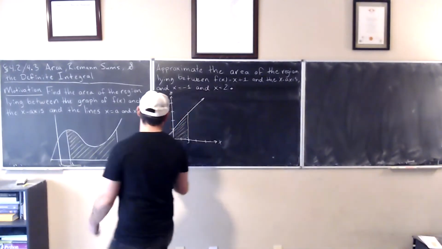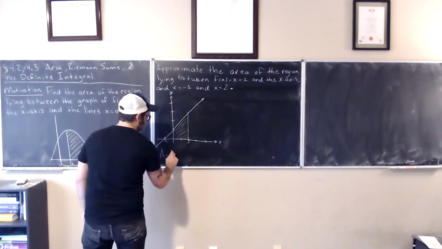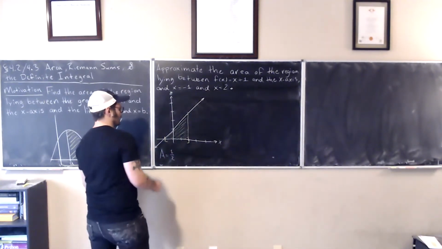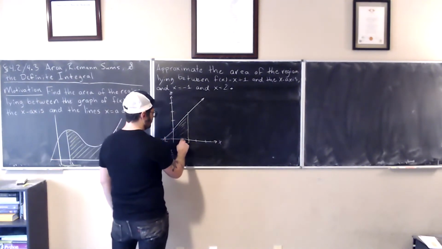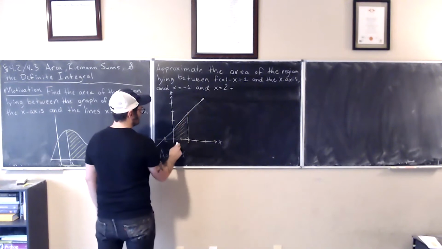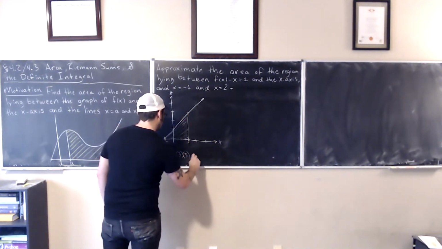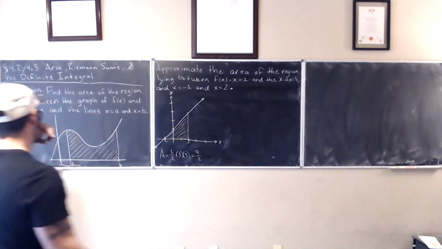Right? The area of a triangle is 1/2 base times height, right? So what's the base? 1, 2, 3. What's the height? 1, 2, 3. So we know the answer ahead of time.